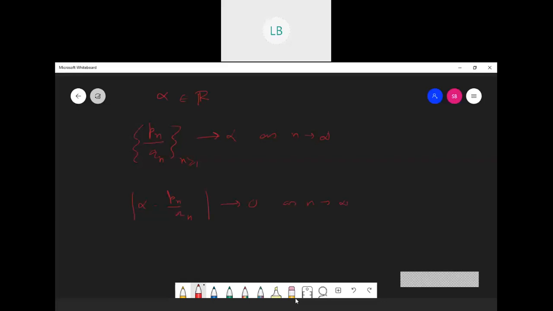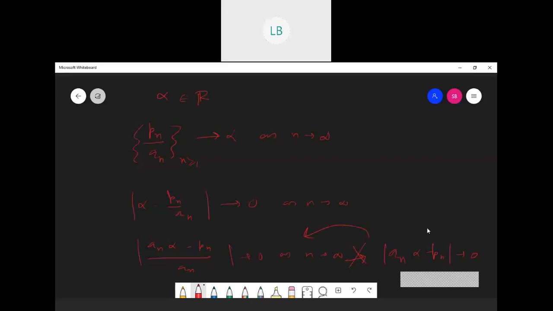Now there is a possible case where Qn alpha minus Pn also goes to 0. What we need is Qn alpha minus Pn by Qn goes to 0, but there can be a case where Qn alpha minus Pn, this absolute thing, goes to 0, not the ratio. If this is the case, we can tell this, but if the other is the case, we can't always tell. This is a very specific case.